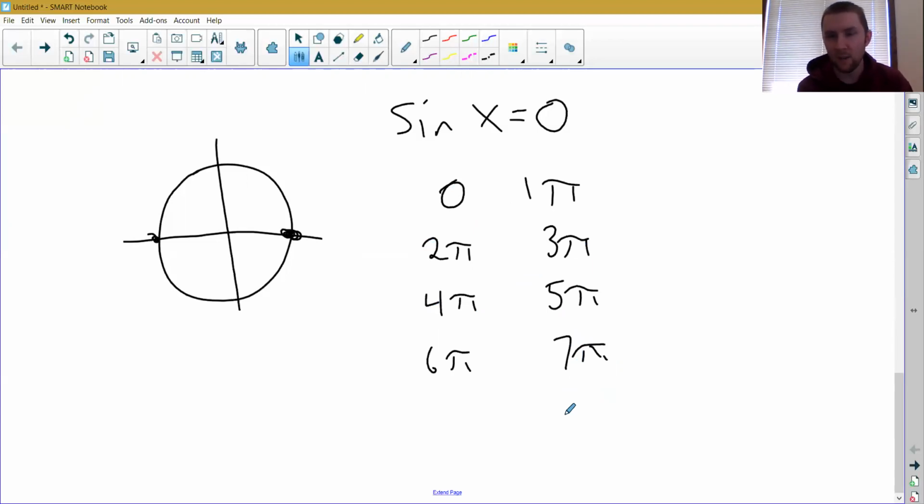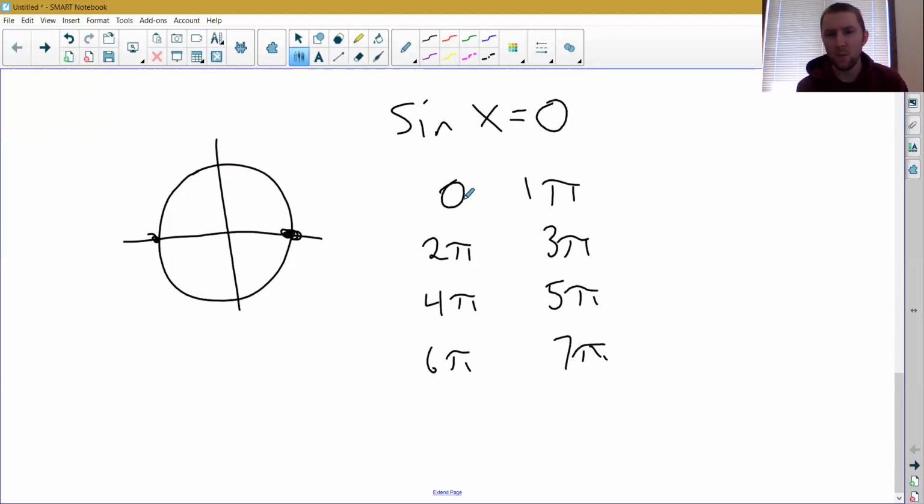So I don't need to add 2 pi. I can actually just add 1 pi, and that will get me another solution, okay? And that's going to happen when we solve tangent equations later, or sine of x equals 0, or cosine equals 0, or sine squared equals 1.